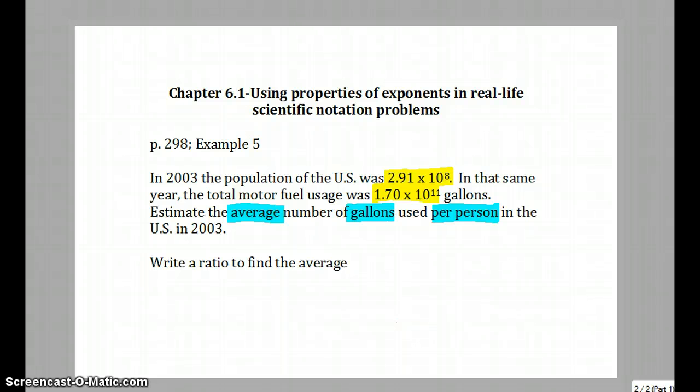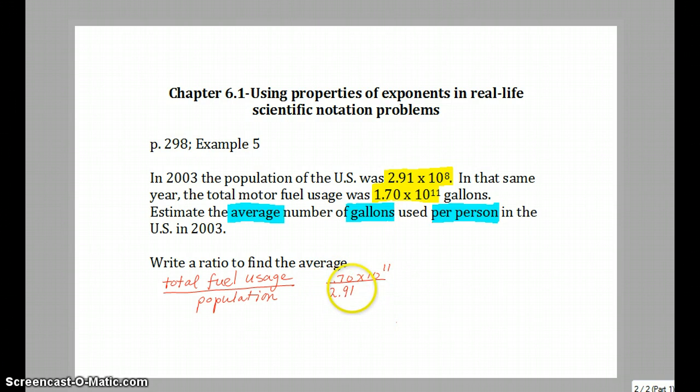So I took the total amount of fuel, the total fuel usage, and then I divided it by the number of people, but in this case it's population because it's much larger numbers. And the fuel is going to be 1.70 times 10 to the 11th divided by 2.91 times 10 to the 8th.